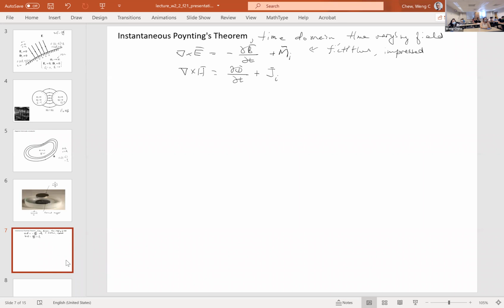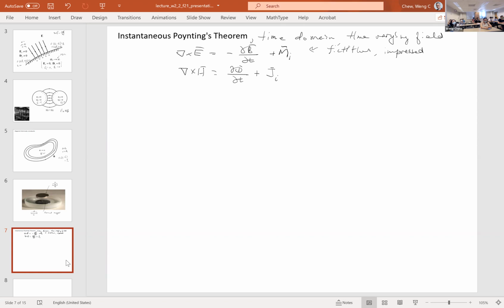It's like your current source and your voltage source that you learn in your circuit theory. Remember, when you put a current source in a circuit environment, no matter what you do to the environment, the current remains the same in your current source. The same with your voltage source in your circuit theory. You can change the resistors around, but you're not to change the value of the voltage in the voltage source. So these are the same concepts we have here.